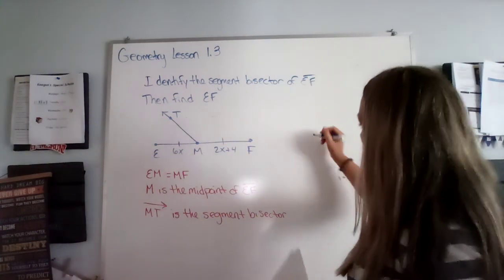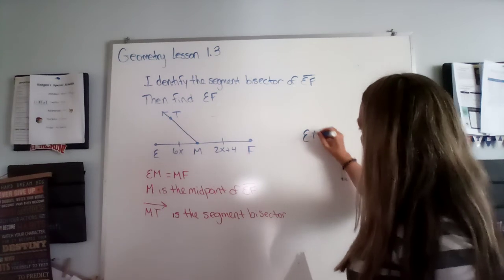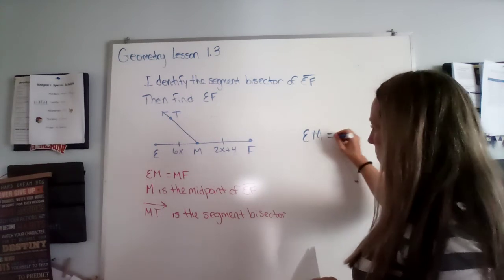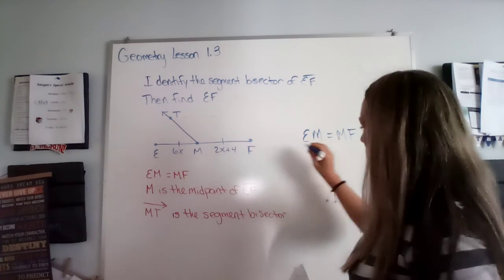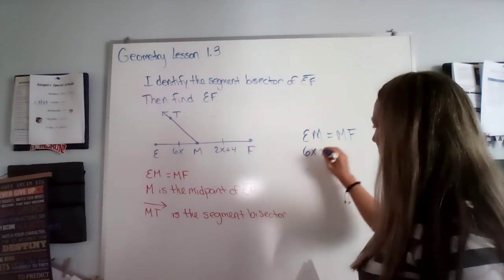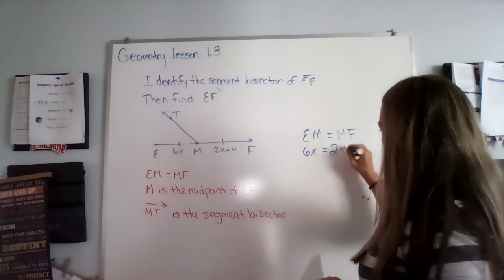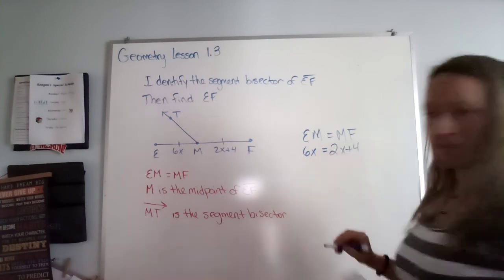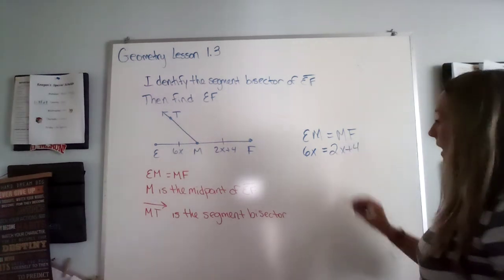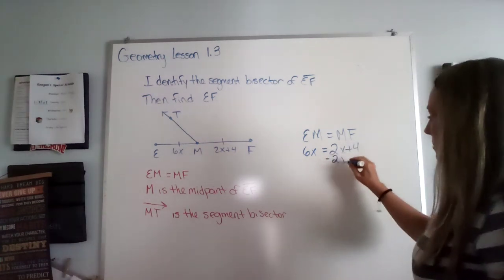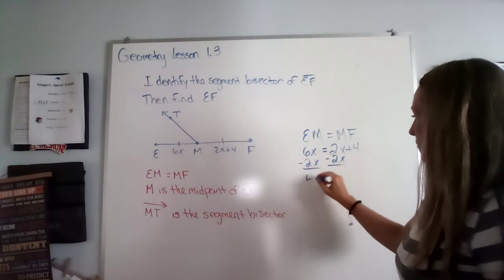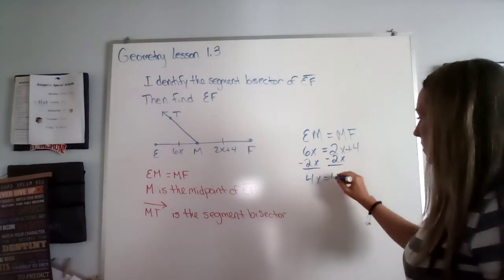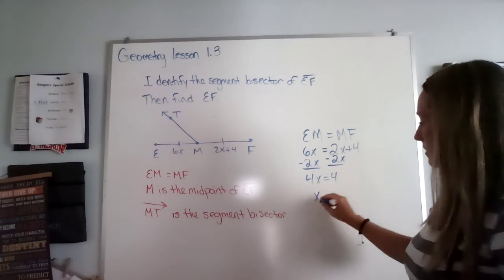Since you know that EM is equal to MF, let's replace it with the expressions that are given. 6x is equal to 2x plus 4. I can solve for x. Let's subtract 2x from both sides. So you have 4x is equal to 4. x is equal to 1.